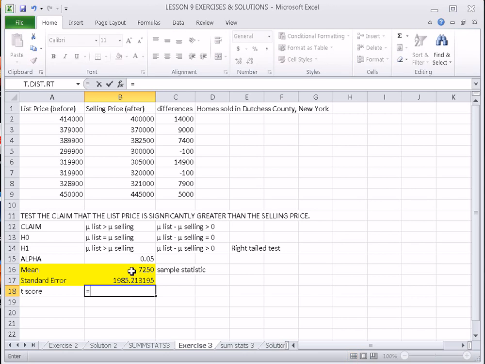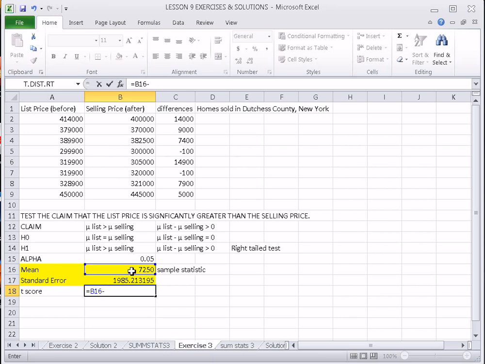So t equals the mean difference minus the assumed value from the null hypothesis. Notice that in our null hypothesis, we're claiming that the difference is 0. Here, the sample statistic and the parameter are both differences.